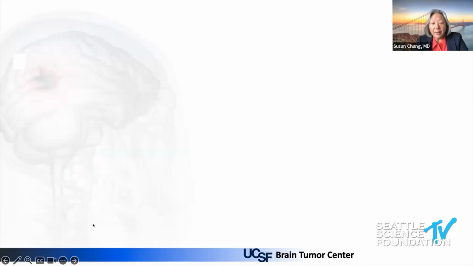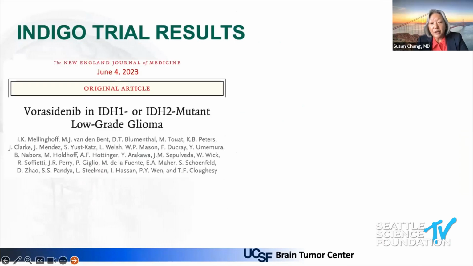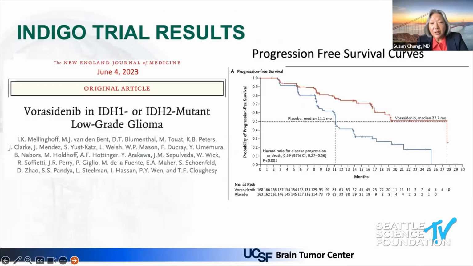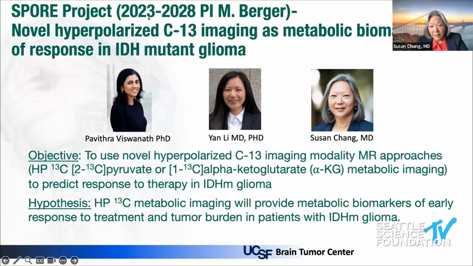And this is especially important when we think about the INDIGO trial, which was recently published last year, showing this real paradigm shift in the treatment of patients with IDH mutation, with this dramatic improvement of progression-free survival in the patients who receive vorasidenib versus the placebo. And so this project was just recently renewed last year.